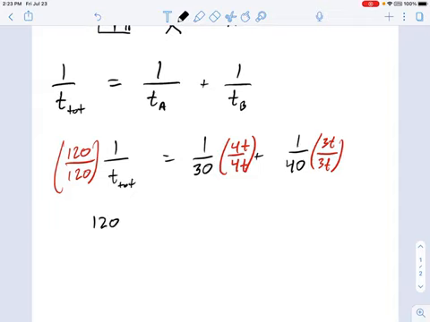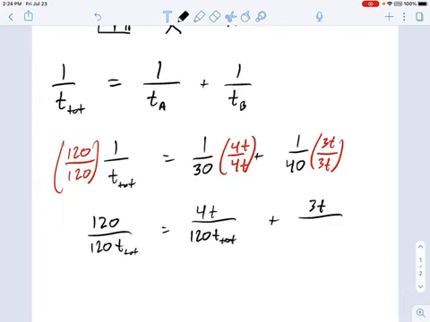We get 120 over 120t total equals 4t over 30 times 40, which is 120t total, plus 3t over, again, 120t total.